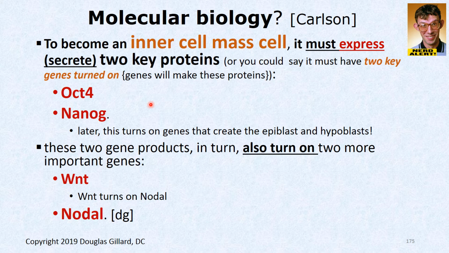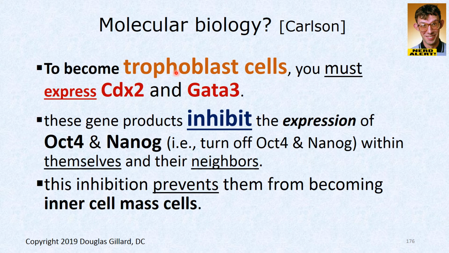And who do they wake up? They turn on Wnt, W-N-T, call it Wnt, and Nodal, a really important one. So both of these are woken up. So now we got 4 genes on in the inner cell mass cells. How exciting. Right now, how many genes do we have turned on? Hundreds, thousands of them are turned on in a cell. But right now we got 4 of them.